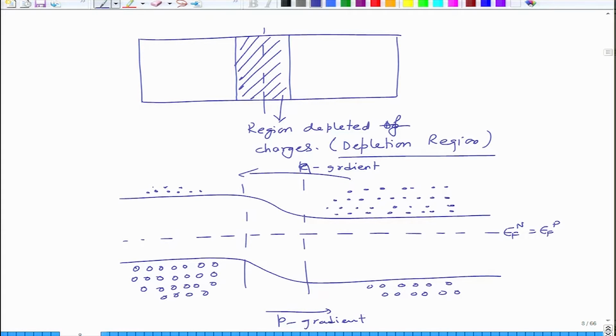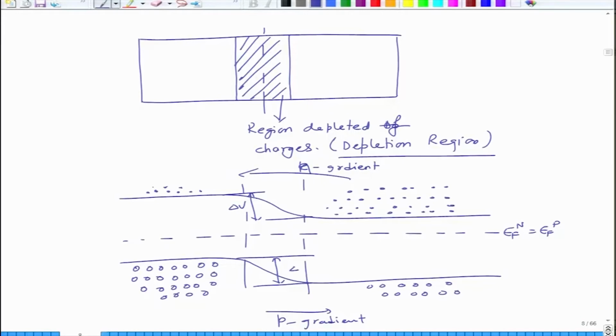But you can see also one thing, because of band bending at the interface, these electrons now have to overcome an energy barrier. For electrons, positive energy is the barrier, and for holes, negative energy is the barrier. For holes also there is a barrier on this side, and this barrier is created by the band bending at the interface, which is manifested in the form of electric field.